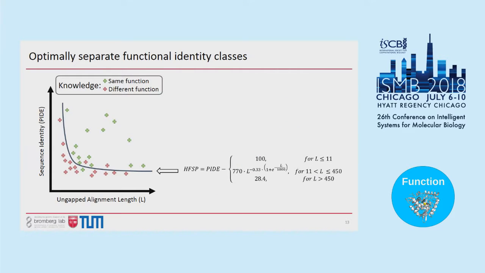The next step is to create a gradient decay curve that optimally separates those functional identity classes. The formula you can see in the bottom right here. And as soon as we have that gradient decay curve, we define that everything above it is of same function, everything below is of different function.